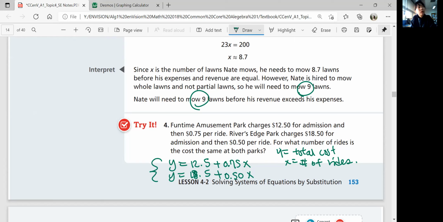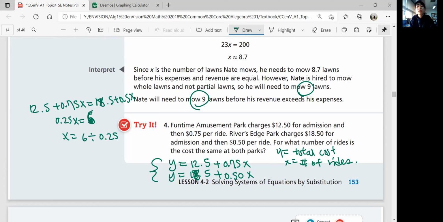We're going to set them equal to each other. 12.5 plus 0.75x is equal to 18.5 plus 0.5x. Okay, subtract 0.5x on both sides. We get 0.25x is equal to 18.5 minus 12.5, which is 6. So x is equal to 6 divided by 0.25.